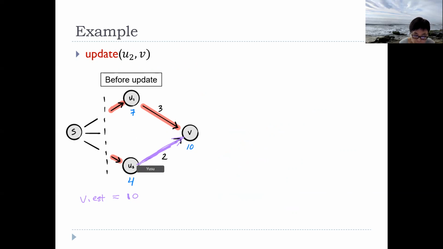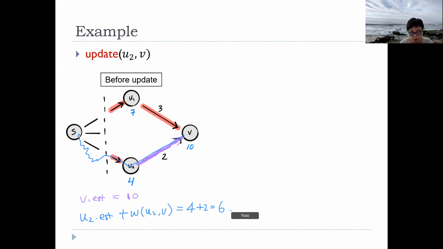But now since I'm doing update on this edge, I've discovered through this edge a new path. What is the new path? The new path is this blue one going from S first to U2 and then from U2 to V. So what is the length of this blue path? The length is U2 dot estimate, the best way to reach U2, plus the edge weight of U2V, which is 4 plus 2, which is 6.